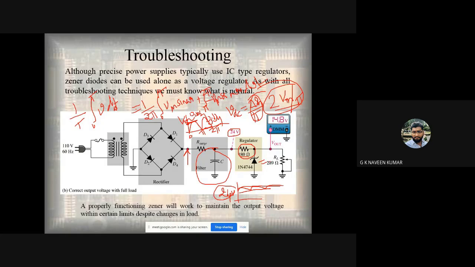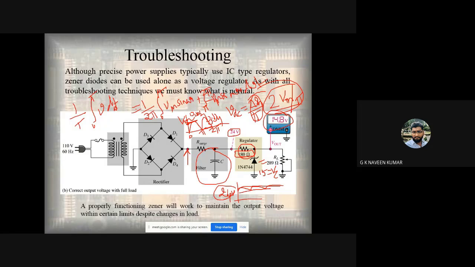I will choose a Zener diode having a breakdown voltage VZ of 15 volts. At 24 volts after the C filter, you have to reduce it to 15. The corresponding resistor value will be chosen so that 24 minus 15 is around 9 volts.